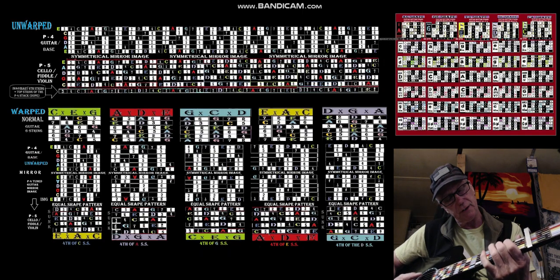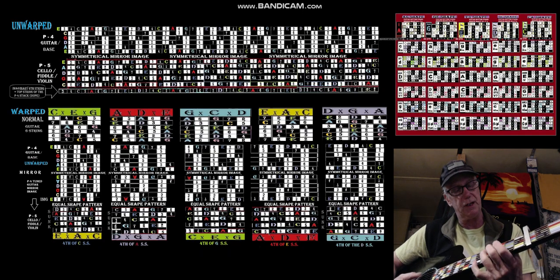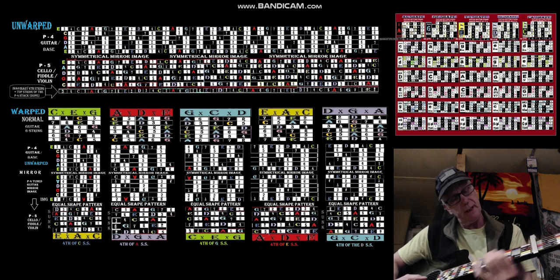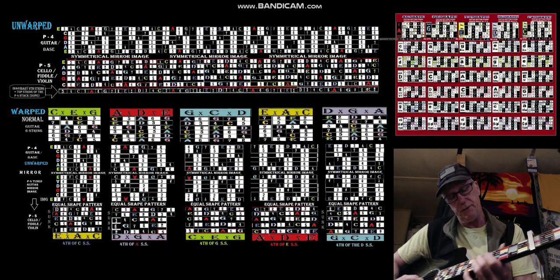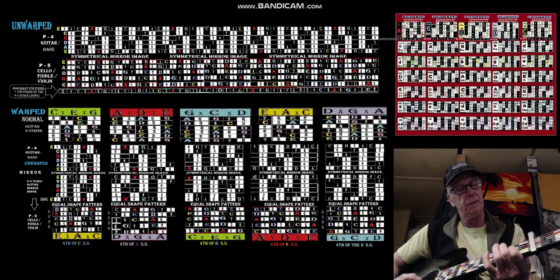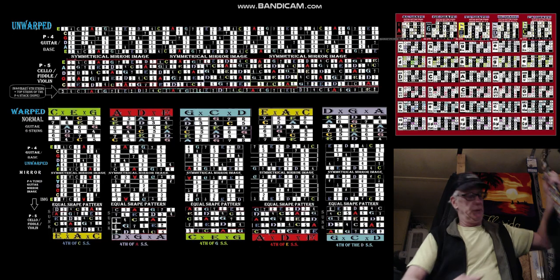Not just 5, 6, 7, but 5, 6, 7 root. And then of course there's some shape fitting perhaps involved. So that would be 7 root 2, 3, then 4, 5, 6. But we don't want to do it on guitar.